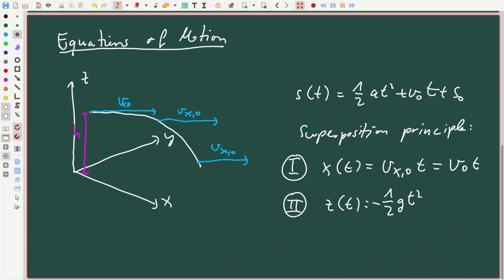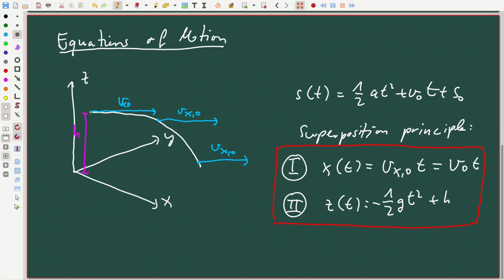The initial speed is 0, so what remains is s0, which is the height, so we can simply write plus h. And now we have two equations of motion with which we can calculate everything that we need in order to find certain parameters of our horizontal throw.